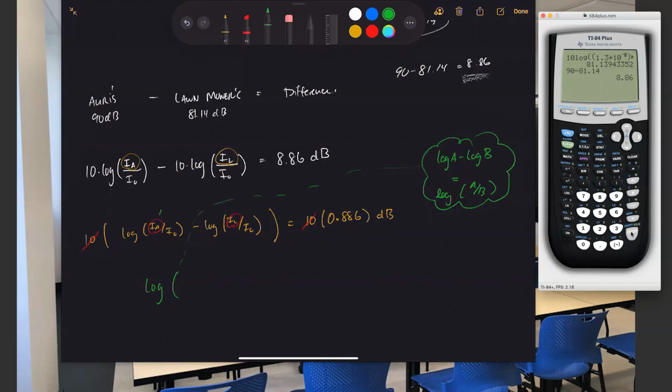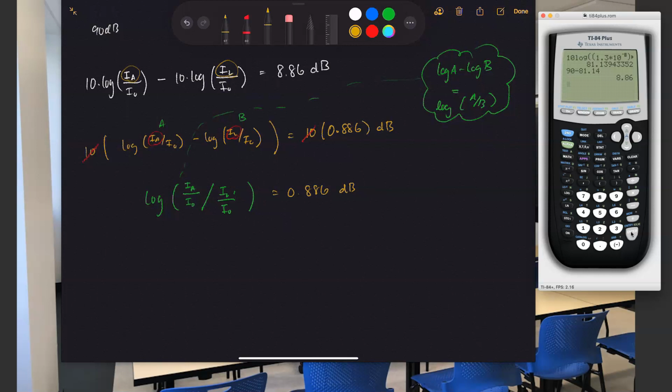So this is a, this is b. So I get I sub a over I sub o, all divided by I sub l over I sub o. Let me write that a little bit differently. And this all equals 0.886 decibels.